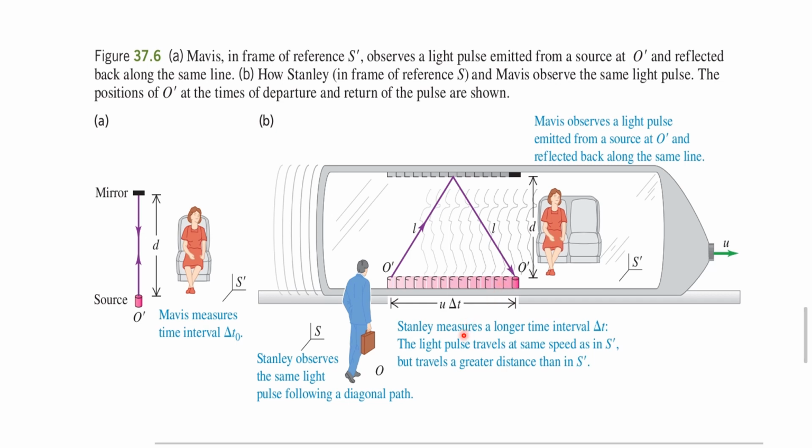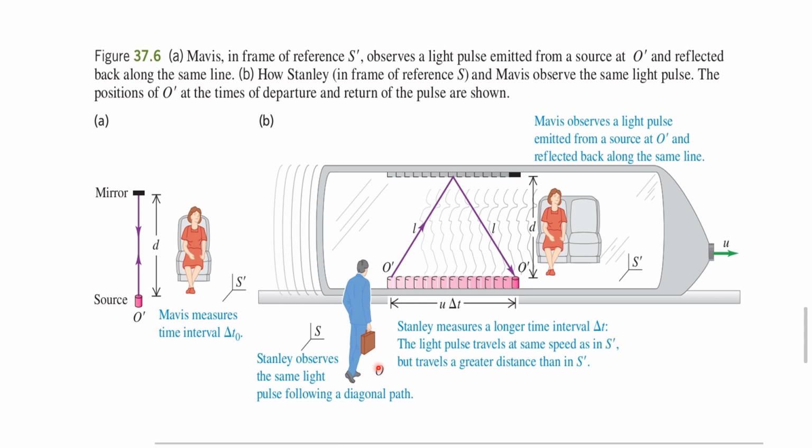According to Stanley, the light pulse travels at the same speed as in the reference S prime, but it travels a greater distance than in S prime. So the distance traveled by the light is denoted by the product u delta t.